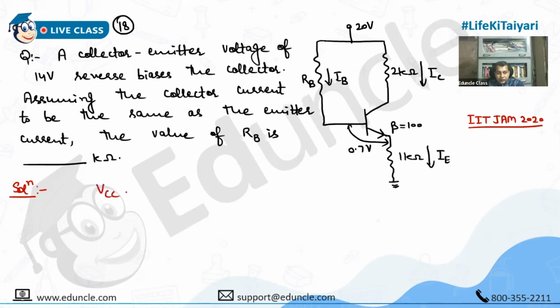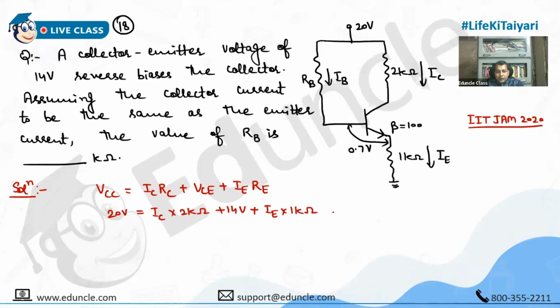So VCC equal to IC RC plus VCE plus IE RE. So I'm taking IE to be nearly equal to IC. IC into 2 kilo plus 14 volt, plus IE into 1 kilo.